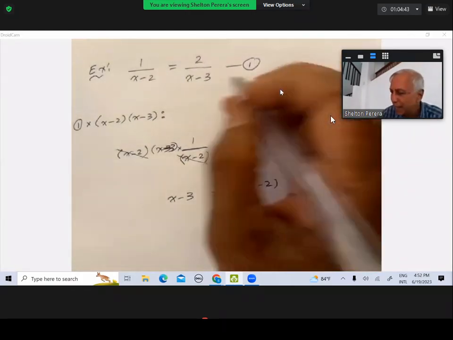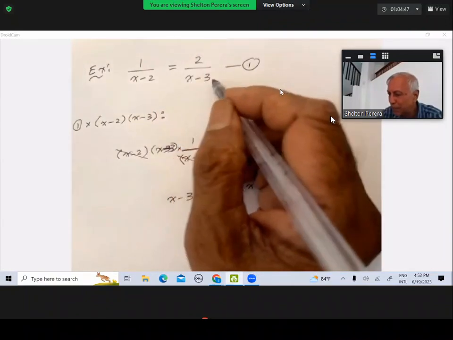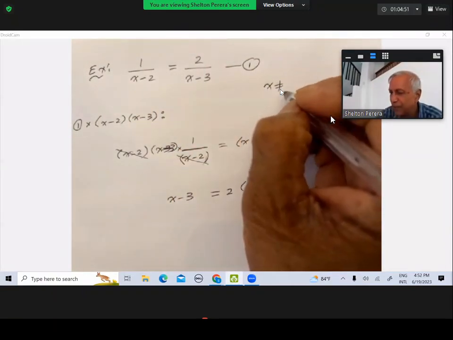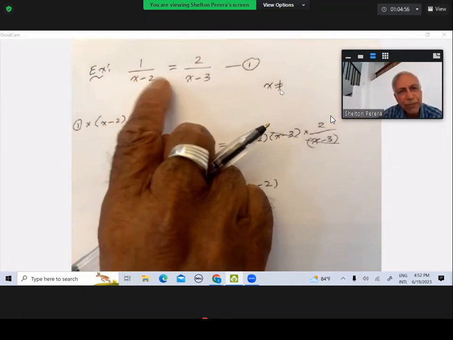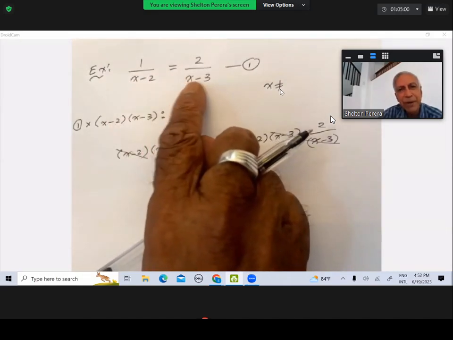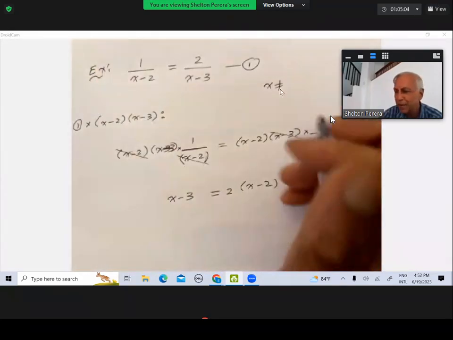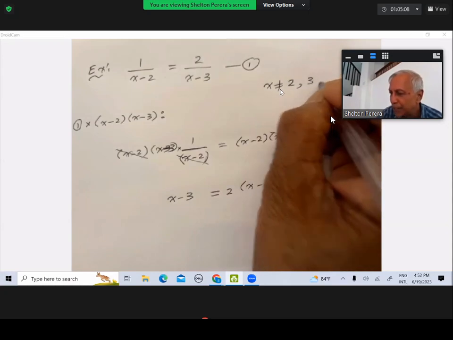The mistake: the minute you see this, x minus 2, x minus 3, we have to note that x is not equal to 2 or 3. If x is equal to 2, this would be 0. If x is equal to 3, this would be 0. So this equation cannot be considered for x equals 2 and x equals 3.